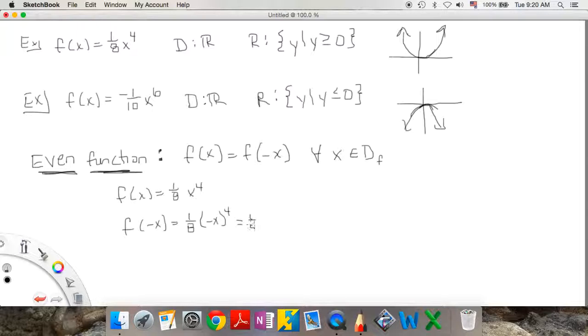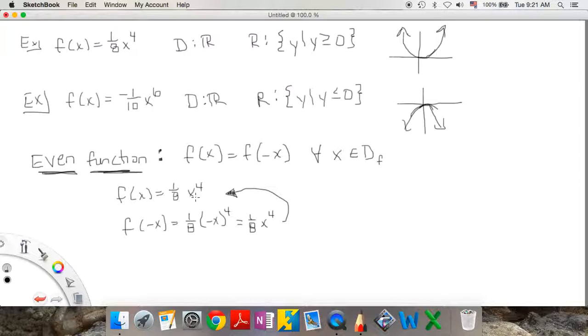So that's equal to 1/8 x to the 4th, which is the same thing as this, which gives me that it's an even function. Now with polynomials, if every term has an even power, then the whole function is even.